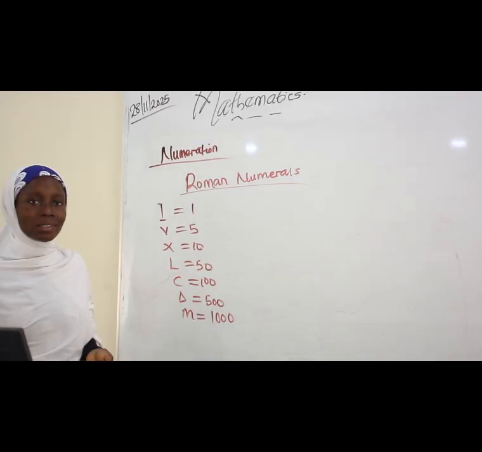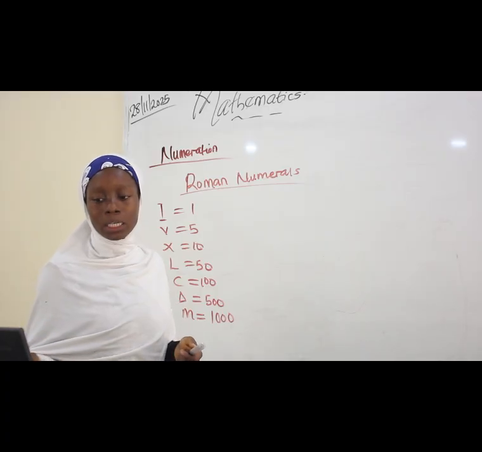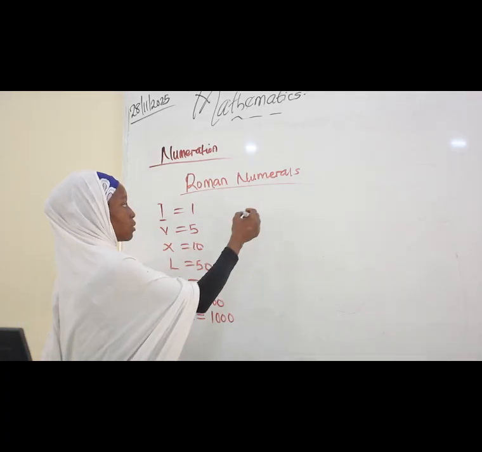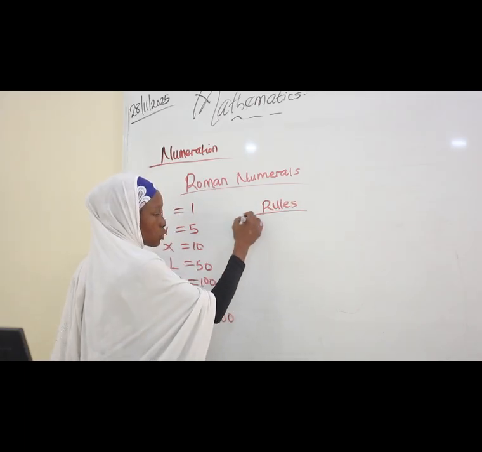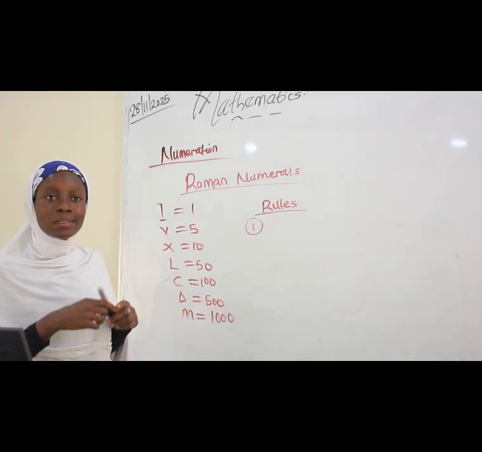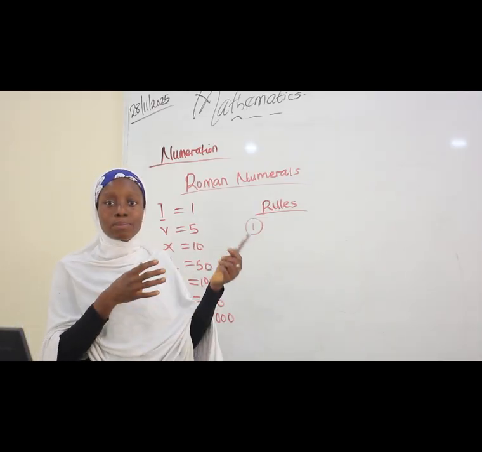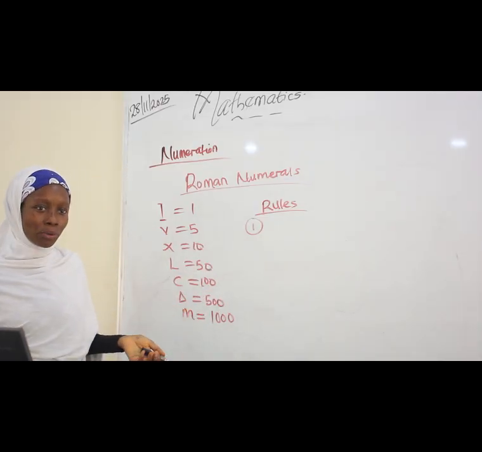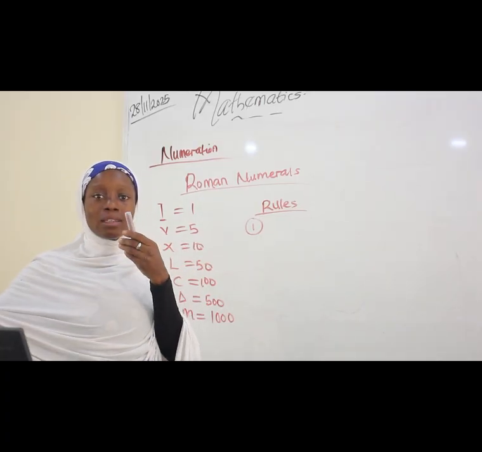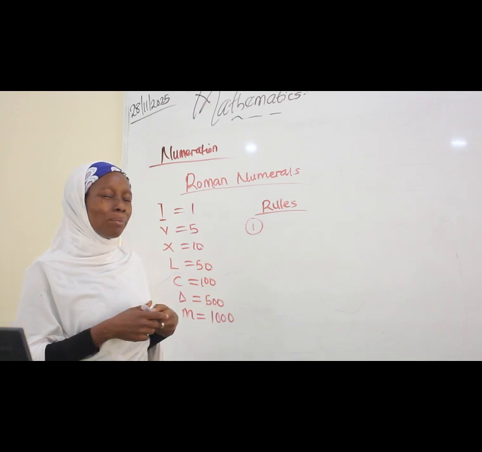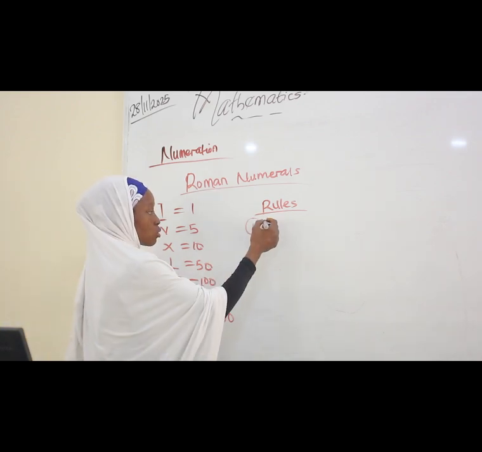So we have rules in writing down Roman numerals. The first rule is that when a smaller Roman numeral is before a bigger Roman numeral, in this type of situation, you subtract the smaller one from the bigger one. So let's take a good look at these Roman numerals.